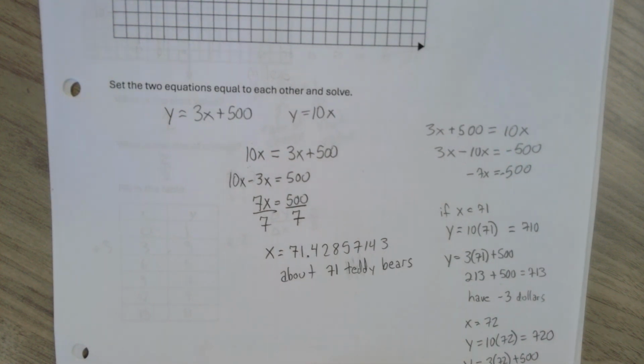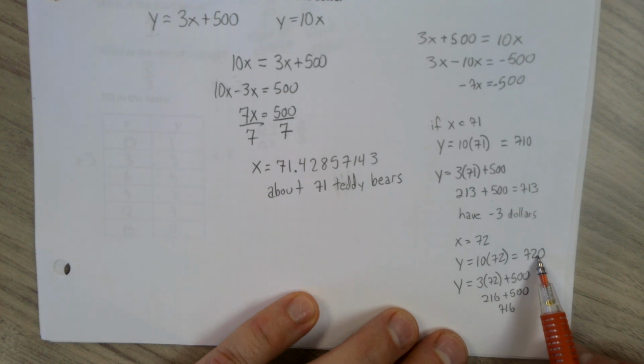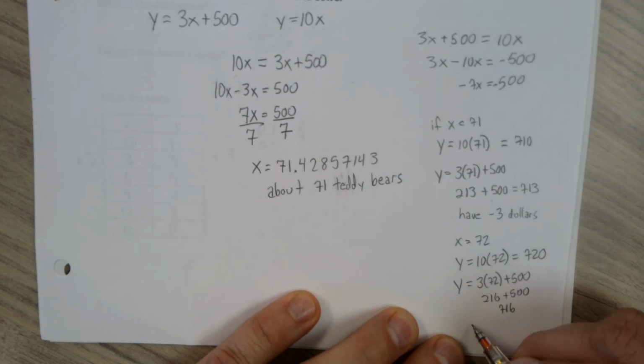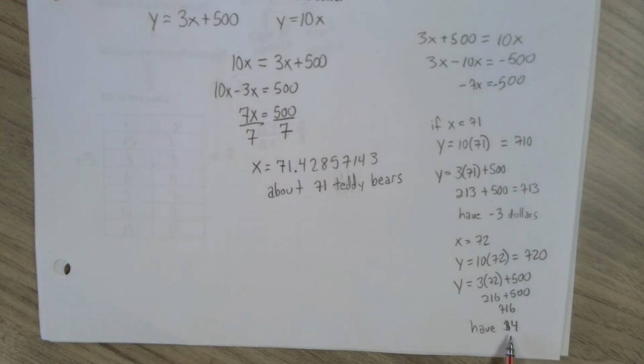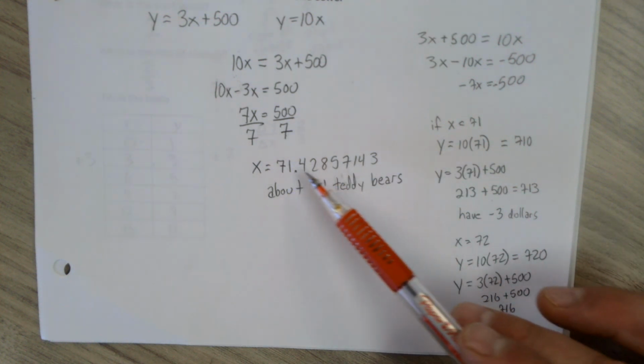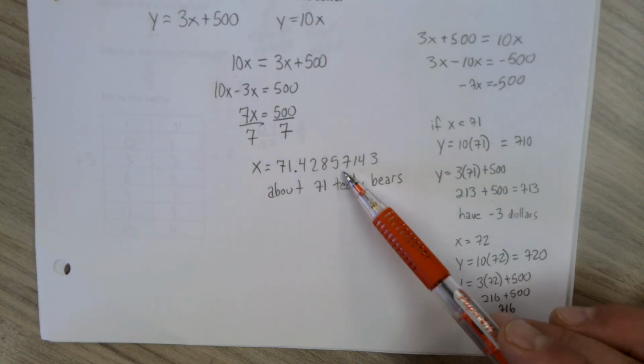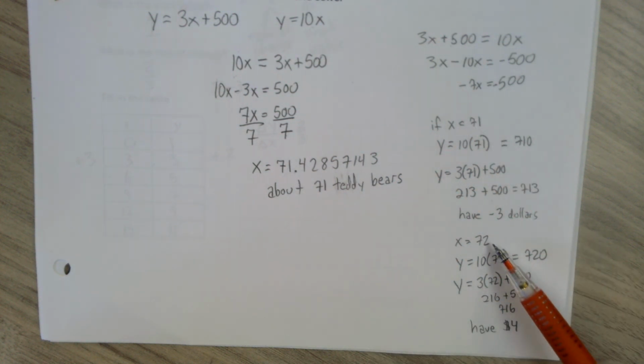Now, that's what we spent. That's what we brought in. Now, you have $4. Now we're making money. We have profit. And so we could see that where it zeroes out, where they're exactly equal, is 71.4. But that doesn't make sense because you can't make this many bears, right? You can make 71 or you can make 72. So in order to start making money, you have to sell 72 bears.